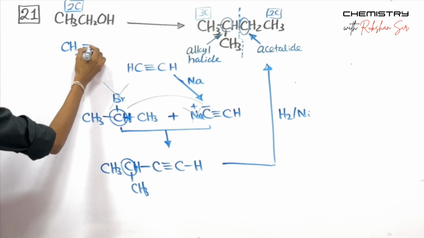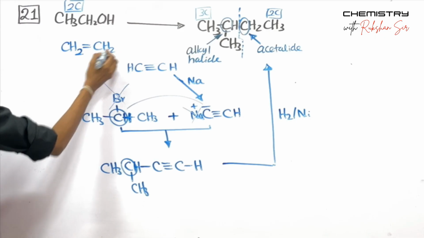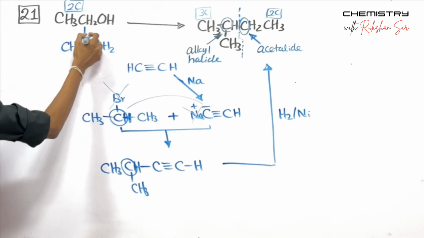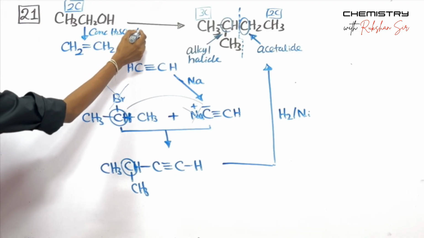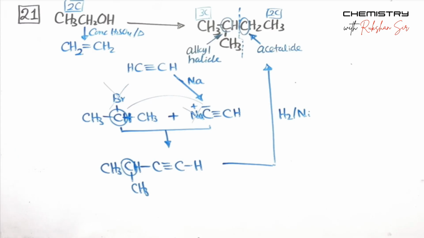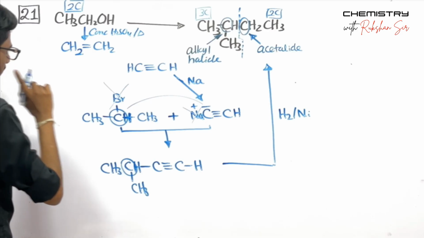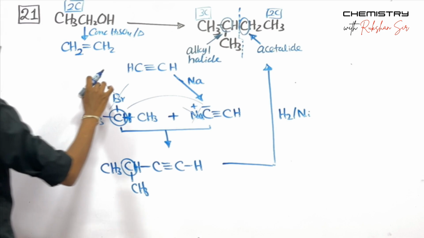So this can be done by rehydration. Now to have a triple bond, what we need to do is just come up with Br2.